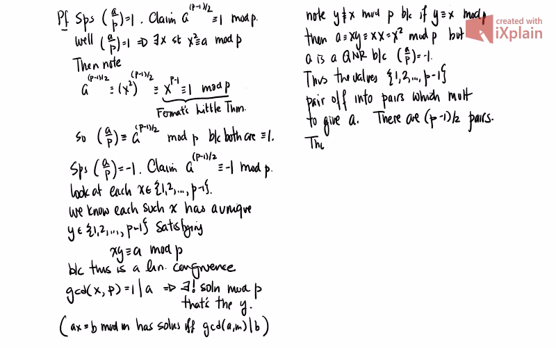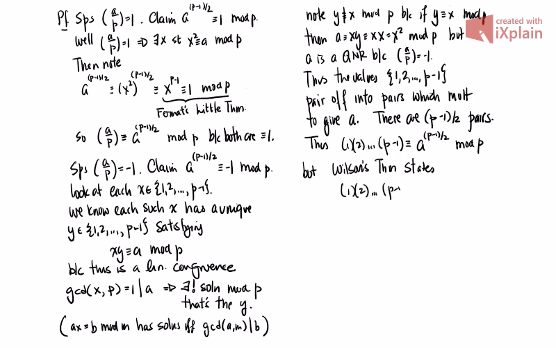Right, so what this tells us is if I multiply them, we get a to the (p minus 1) over 2 mod p. But if you remember Wilson's theorem, it states that that left-hand side is congruent to negative 1 mod p.